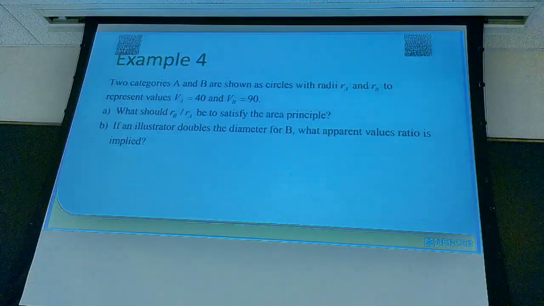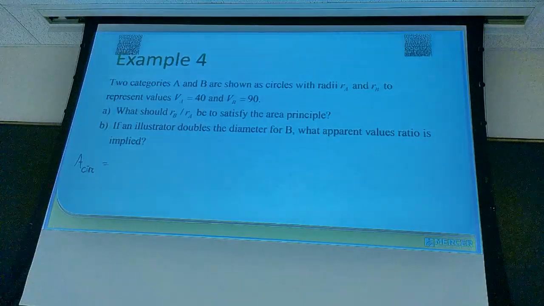Remember that means that if B is X times A, then the area representing B should be X times the area representing A. Well, first, what's the area of a circle?